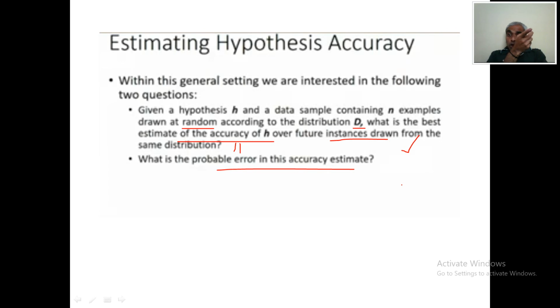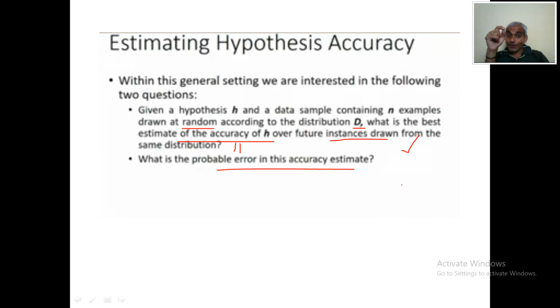Now tomorrow, when a new instance comes, in tomorrow's data also 60% are going to purchase and 40% are not going to purchase. Is it the same? That is what is important for us.